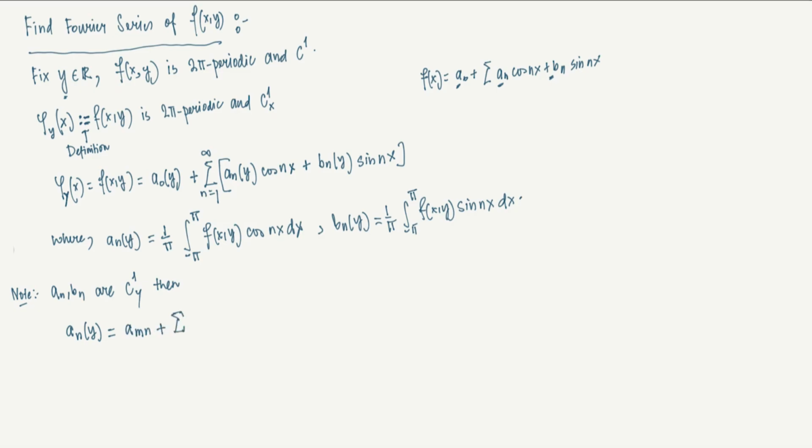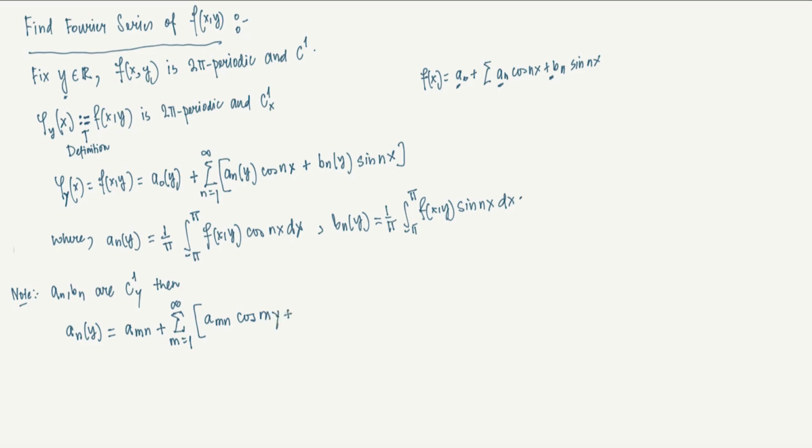There are two variables, so you have to be a little careful of what you are writing. m equals 1 to infinity, a_{mn} cosine my, yes, m.